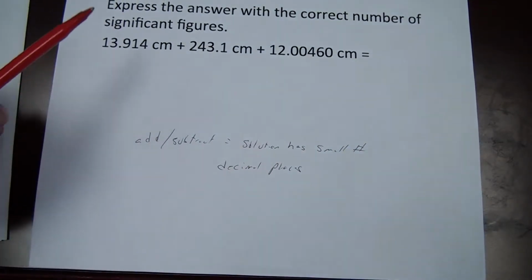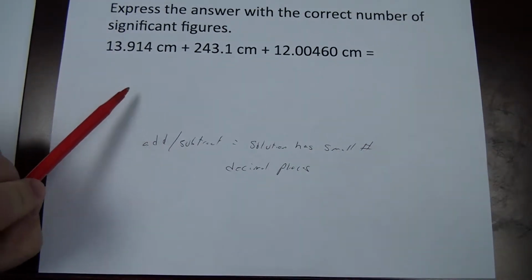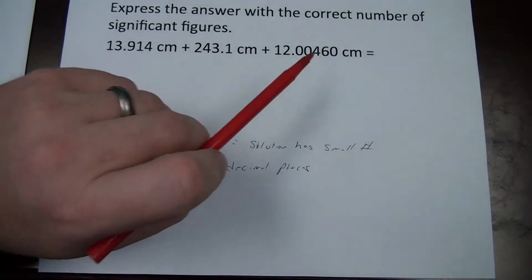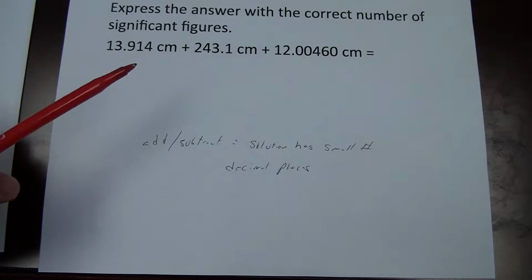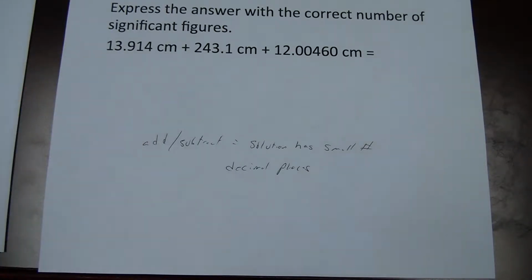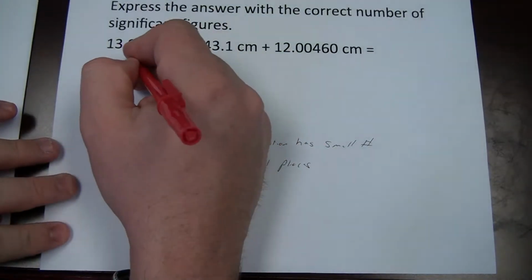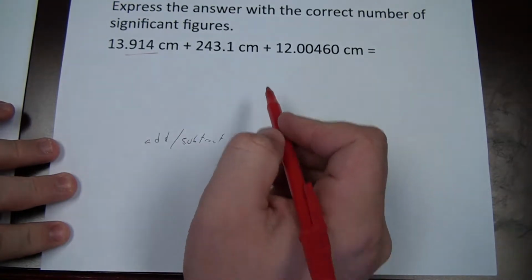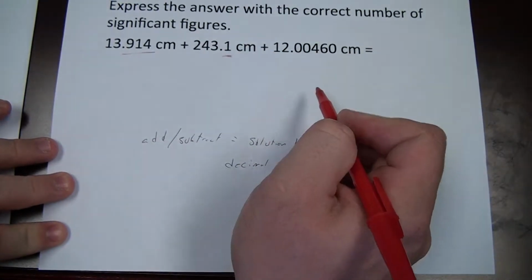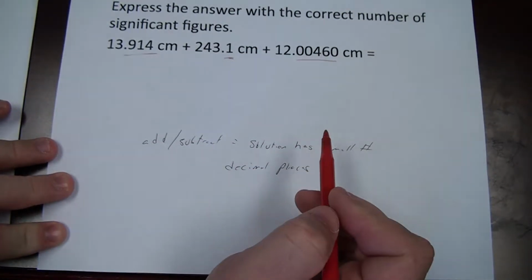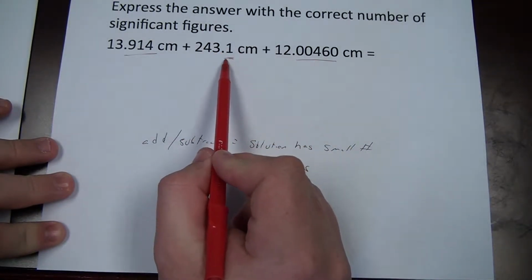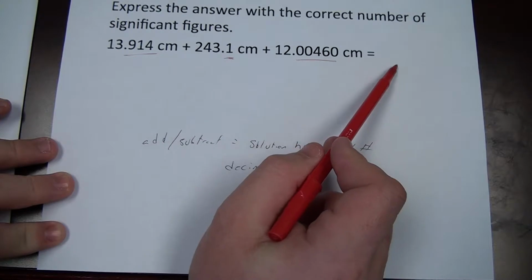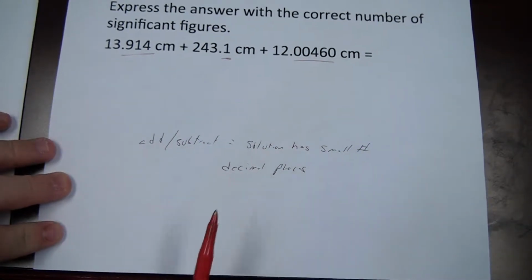So we're going to look here. We're not really worried about how many total significant figures there are in these numbers. We're just looking for the smallest number of decimal places. So here we have 3 decimal places. Here we have 1 decimal place, and here we have 5 decimal places. So because this is 1 decimal place, our answer is going to be reported with only 1 decimal place.